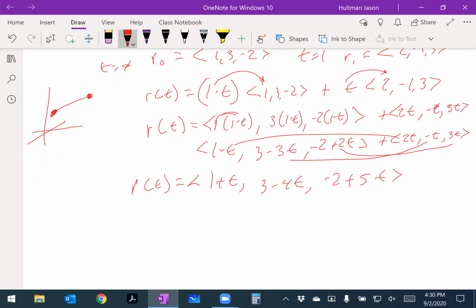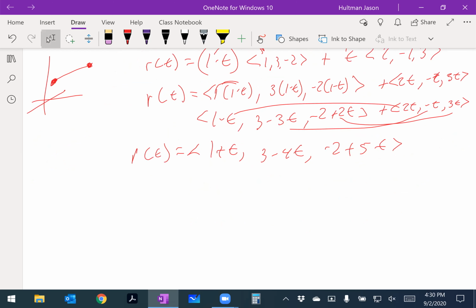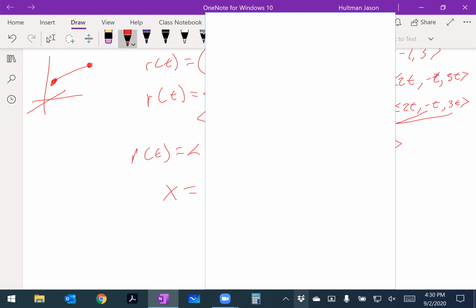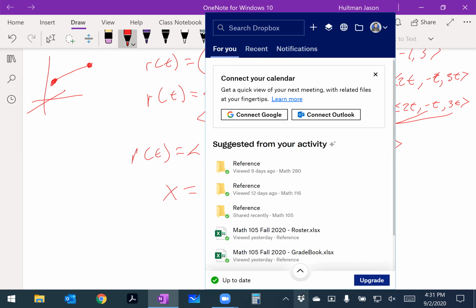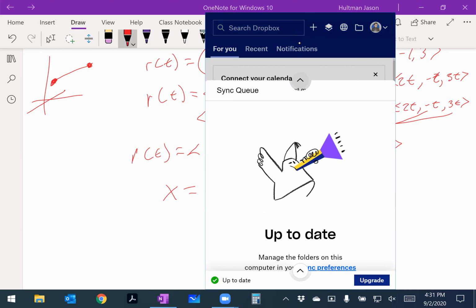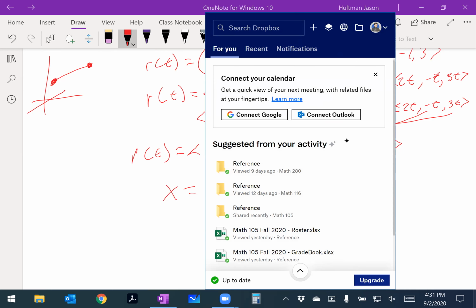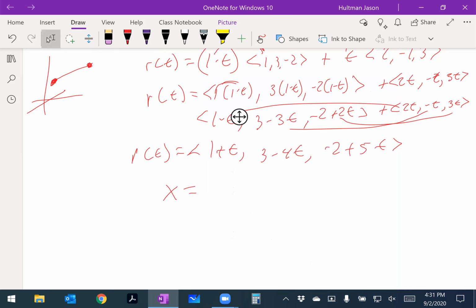Okay, so what's our line segment here? Well, it's this piece of line here. This whole thing makes a line: y is 3 minus 4t, z is equal to negative 2 plus 5t.